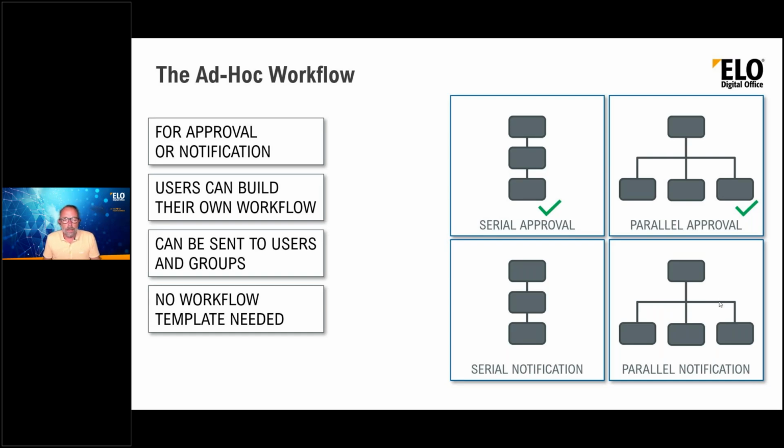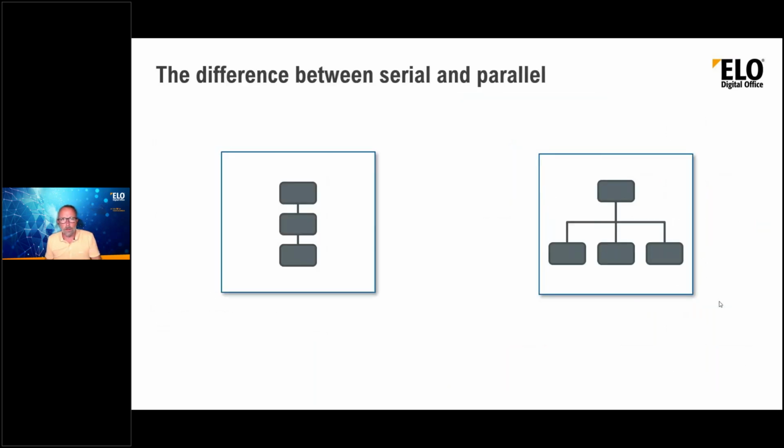And you don't need a workflow template for this. Four possibilities: approval, notification, and serial and parallel. So what's the difference? Serial and parallel, the difference is when you select serial, then one after another gets a task in his or her task section.